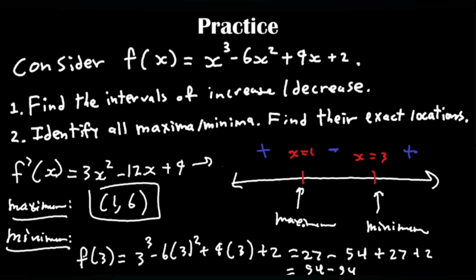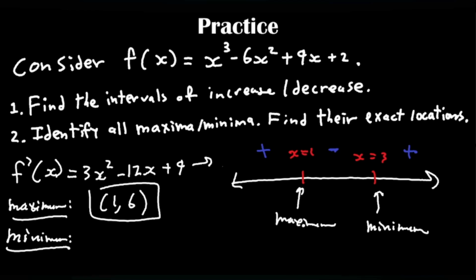So 54 minus 54 plus 2. These 54s will cancel out and we'll just get 2. So this means that we have a local minimum at the point (3, 2).